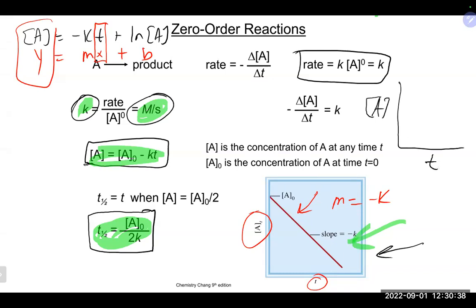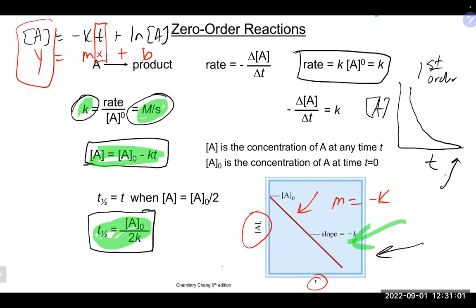And in a first order, though, it did not give us a linear relationship. It gave us one that was just decreasing with time. So again, you might see this same graph two different ways. If you see it like the top way here, where it's really not a linear relationship, it's probably going to be a first order reaction that we're dealing with.